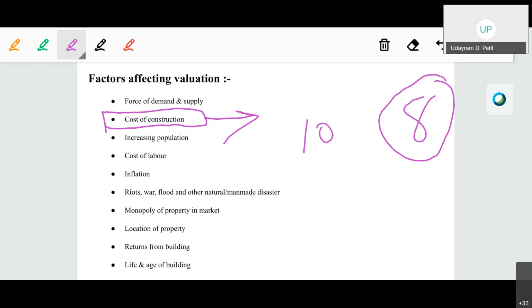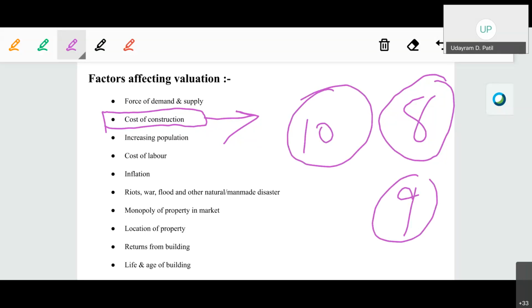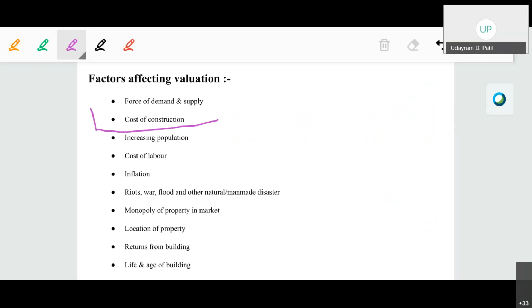He will wait for a certain period, maybe a month. Suppose in one year the market trend gets better, and the building might be sold for his original 9 lakhs or whatever the cost of the building is. Therefore, the construction cost is an important factor only in newly constructed buildings. For old buildings, it doesn't matter in the value of the property.